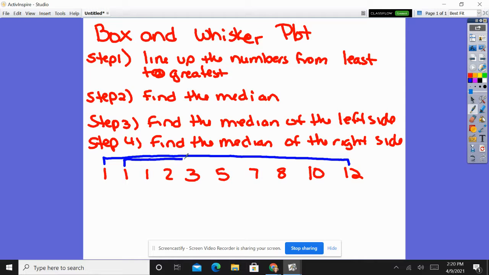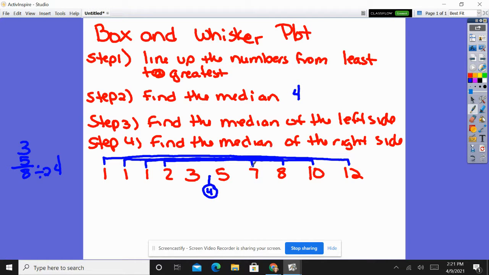There are 2 numbers in the middle, so I add them together. 3 plus 5 is 8. 8 divided by 2 is 4. So the median of this group is 4. Did I use the 3 or the 5 with it, the 4? No, it's just the 4. So the 4 is the median.